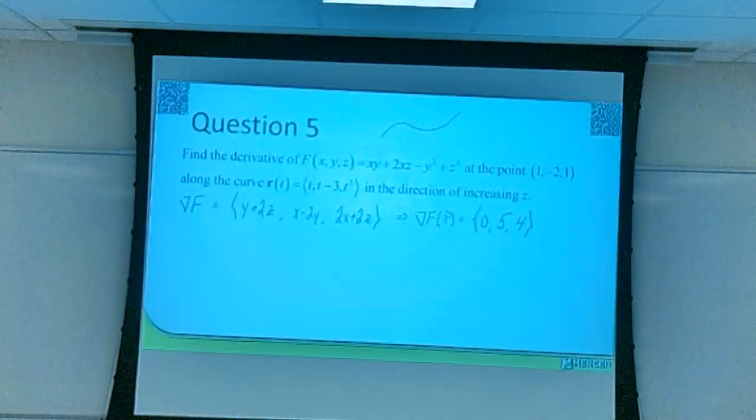Let's just say that's our curve. At a point, what's the direction of motion? What kind of vector is that? It might be unit.